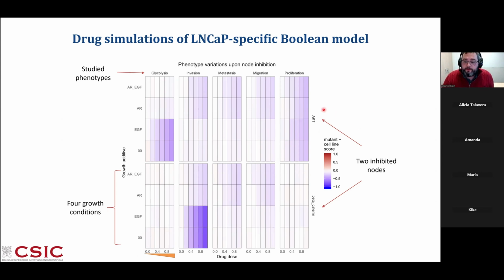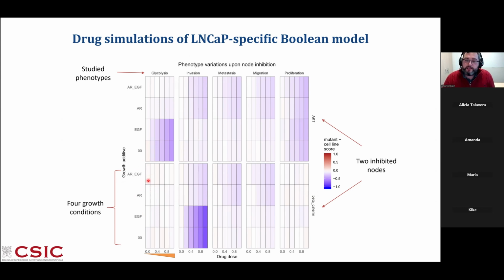And this you can do for, in this case, two different inhibited nodes, AKT and beta-catenin, and you can look at their effect on the different phenotypes, and of course their effect under different growth conditions. So you can see, for instance, that the inhibition of beta-catenin is mostly affecting invasion, as you could have all guessed, but then this is quite dependent on the growth condition that we're using.